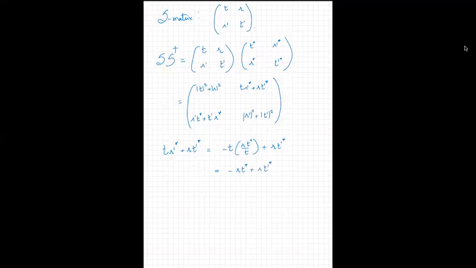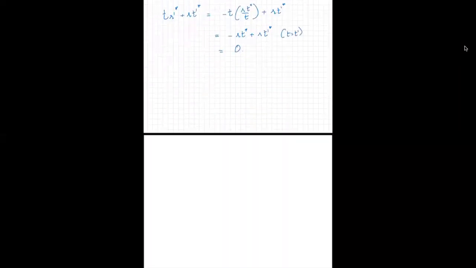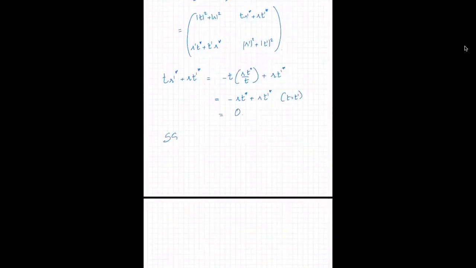But I also know that T is equal to T prime. So this is equal to 0. Similarly, you can also show that the 2 element is also 0, and SS dagger is actually equal to 1 0 0 1, which tells you that the scattering matrix S matrix is a unitary matrix.